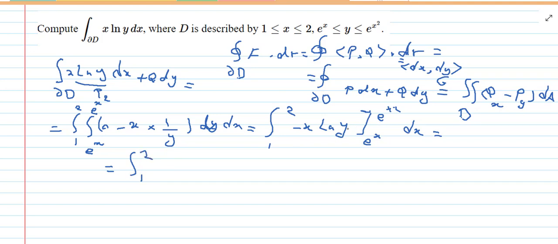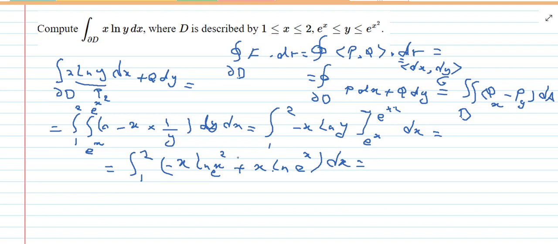And then first we put e^(x²) instead of y, so ln of e^(x²) is this one, minus will be positive, x times ln of e^x. Then we get the integral in terms of x. So here ln of e^(x²) will be x².